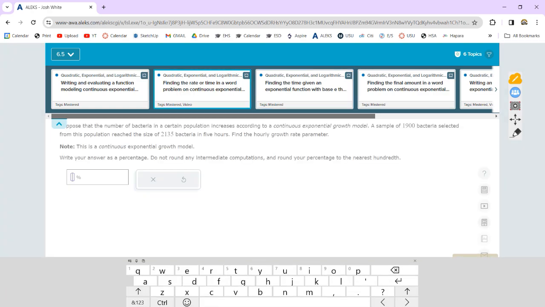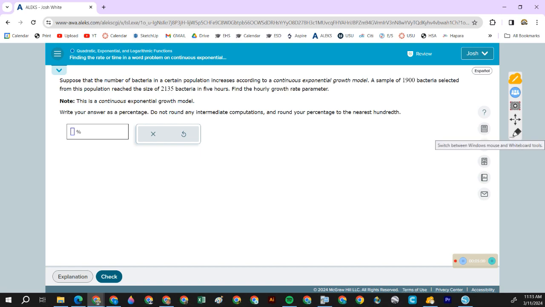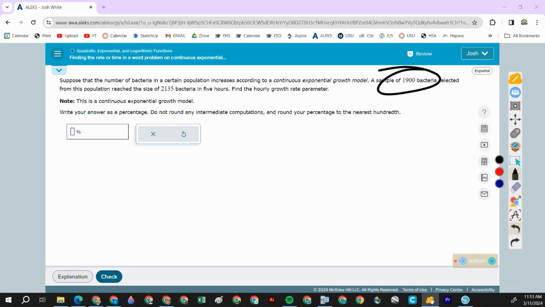So we have this many bacteria to start, and in 5 hours we reach that many bacteria. What is the hourly growth rate? So it tells us this is a continuous growth model. So y equals p times e to the rt.